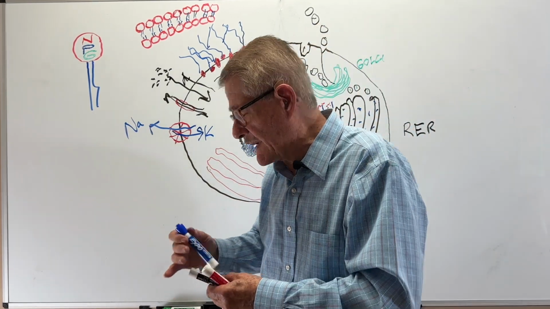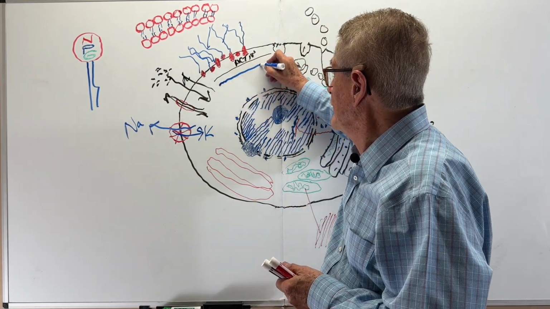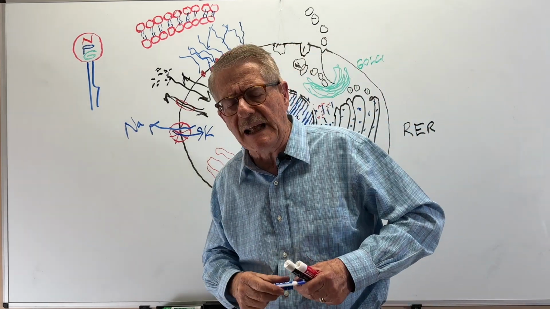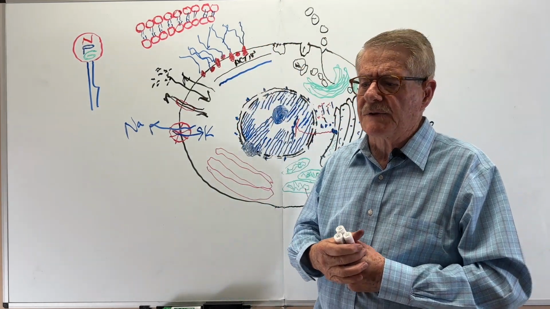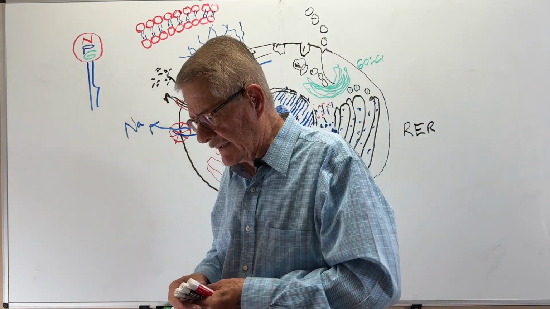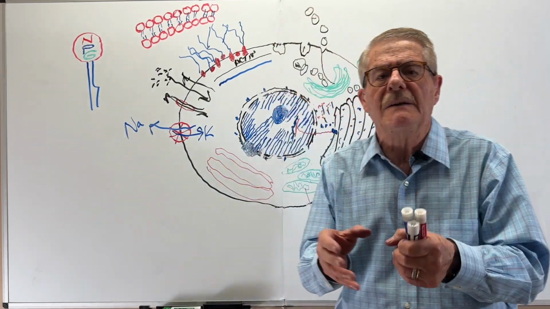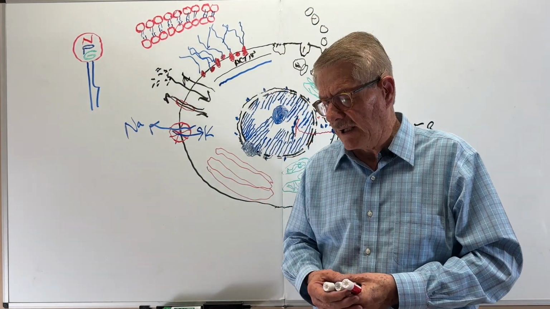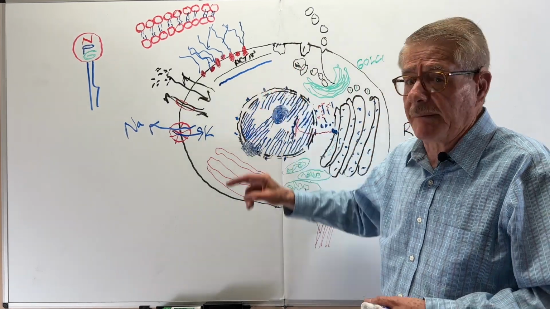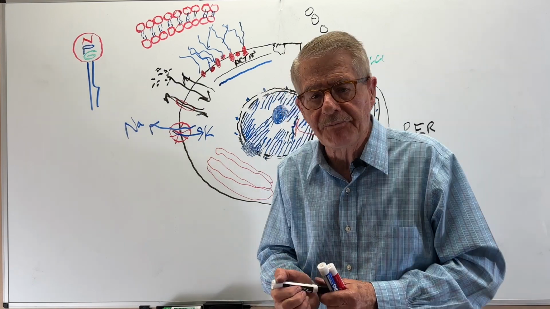We have other ones, which are intermediate filaments, a little bit thicker, about 15 nanometers. Those are several types of keratin, vimentin, and others, like desmin, that can also be stained with immunoperoxidase.